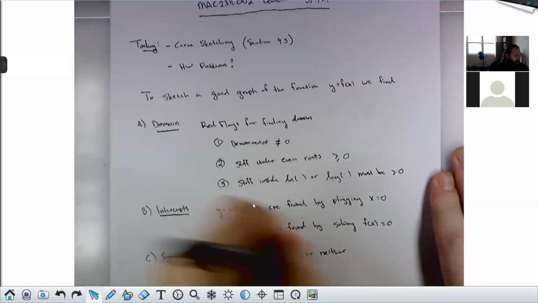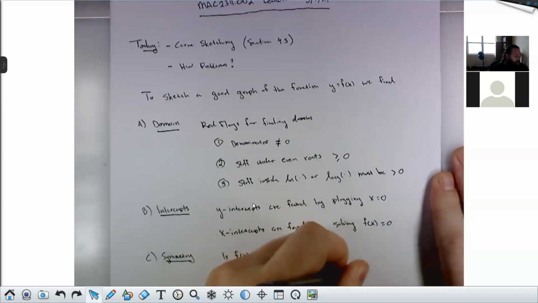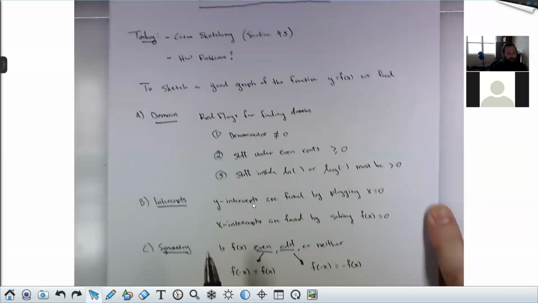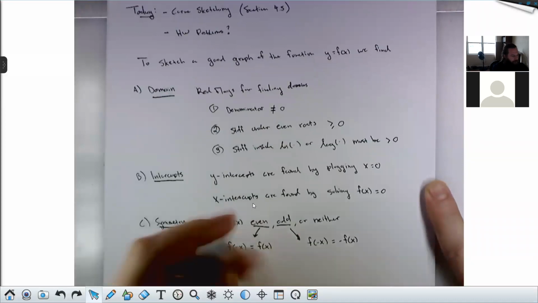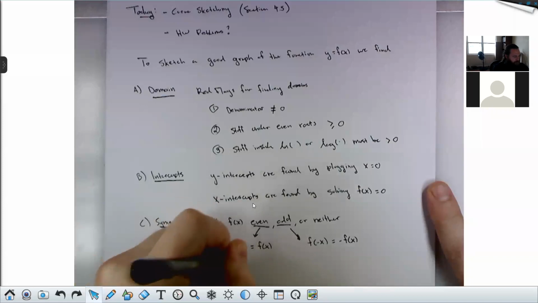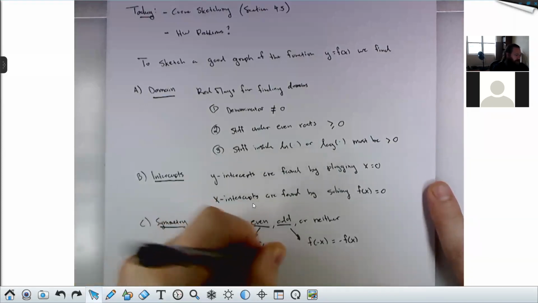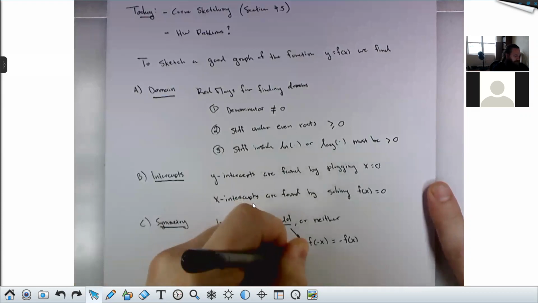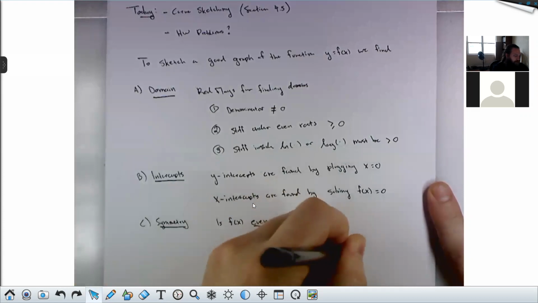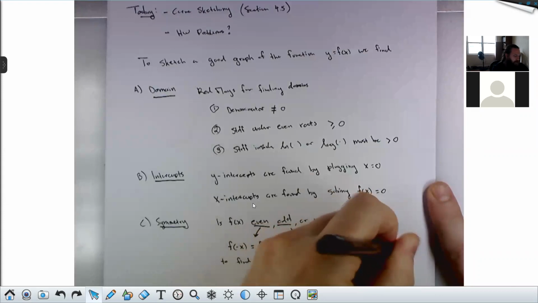And an odd function satisfies f of negative x is equal to negative f of x. So to detect these symmetries, you replace x by negative x and try to simplify.